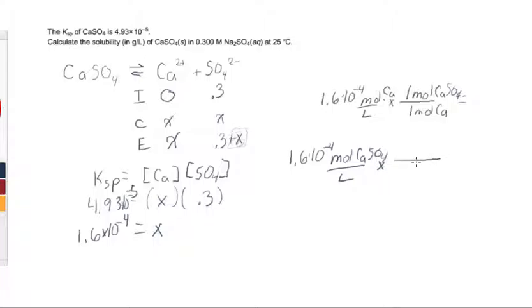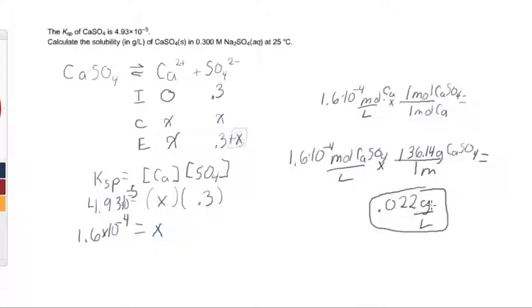So I have 1 mole is 136.14 grams calcium sulfate, and I honestly looked that up in Google. And that's going to equal 0.022 grams per liter. So that is my solubility in grams per liter.